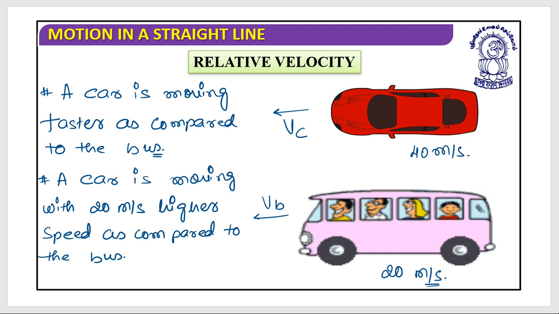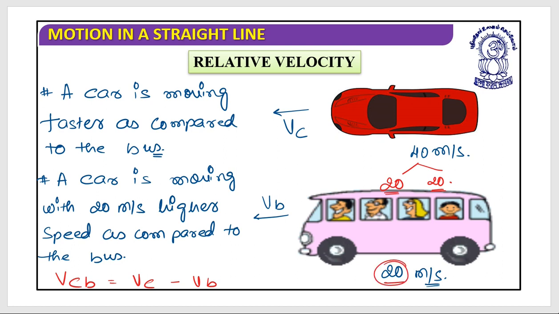What you have simply done in your brain, for the velocity of the car with respect to the bus, is perform the subtraction. It's Vc minus Vb. Or look at this very carefully, this is interesting: split this 40 into two parts, 20 and 20, because the bus has a speed of 20.